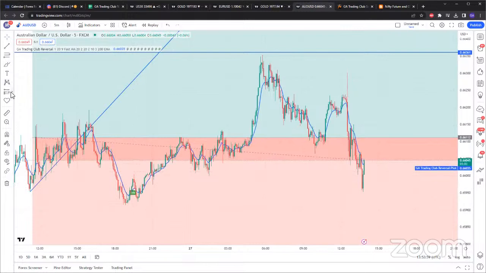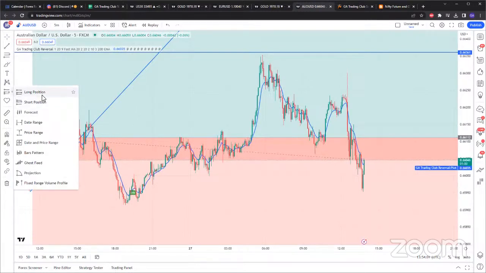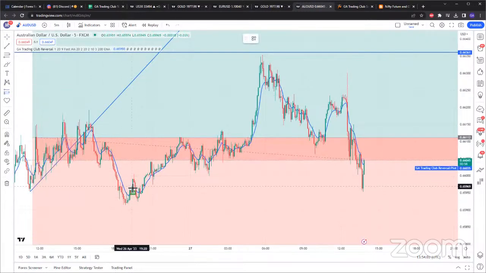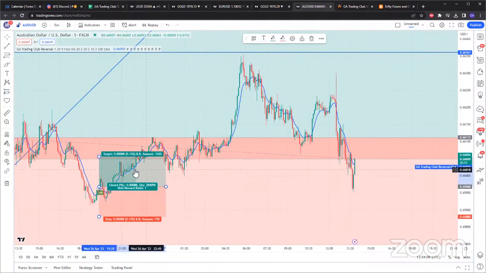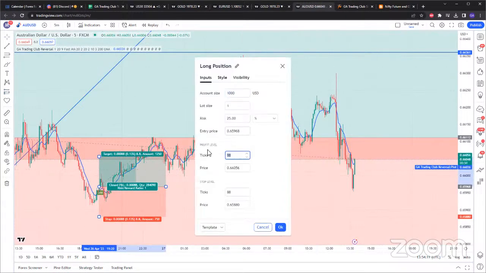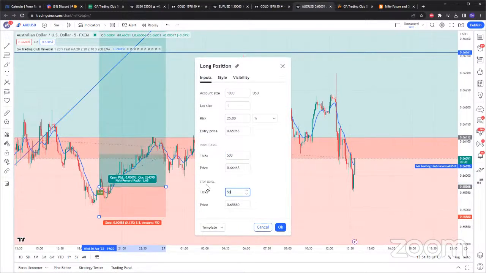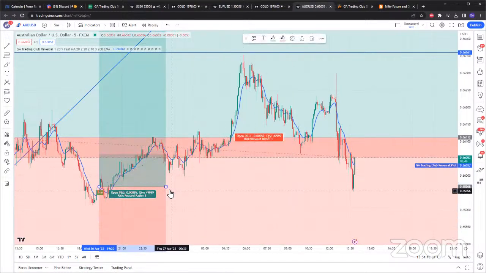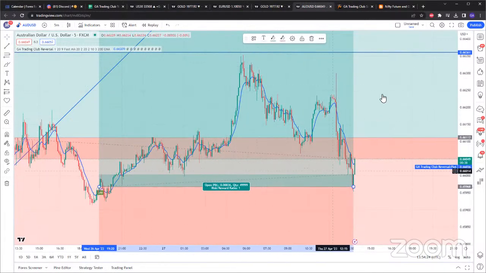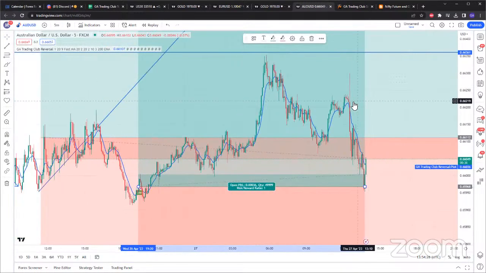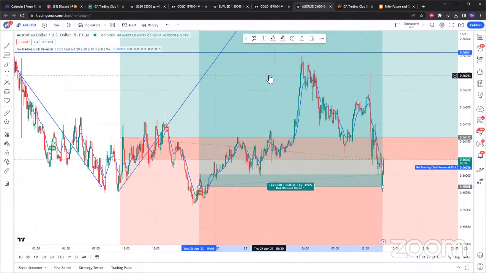If I was awake at this time, I would have entered a long position on this candle, with 50 pips TP and 50 pips stop loss, and I would have been able to exit this trade early. Around this point I would have been in profit for both trades and made much more money than I would have made with the one trade alone.